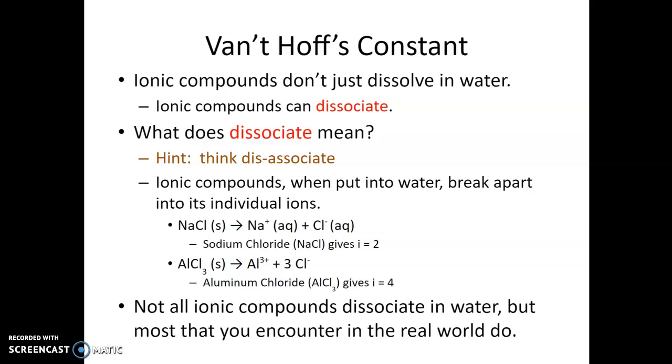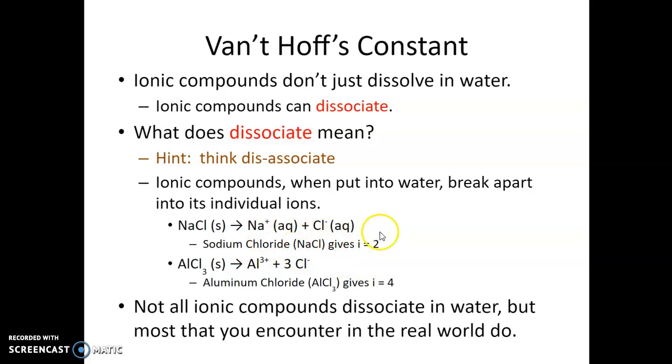So what happens in ionic compounds is when they are put into water, they break apart into their individual ions because their bonds are so weak with each other, because they just steal electrons. Their bonds are so weak that they break apart really easily when they're put into something as trivial as water. So when you break apart these individual ions, say for NaCl, you end up with Na+ and Cl-.